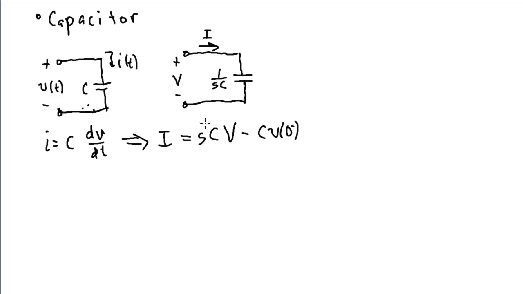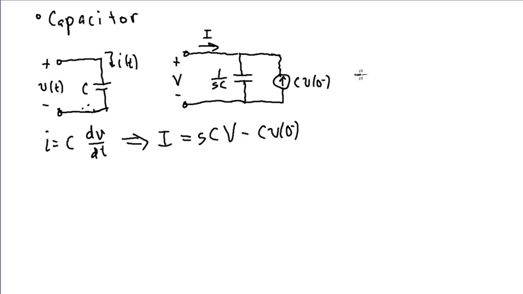That's one component of this current. And then we've got another fixed component of the current that doesn't depend on the voltage across the capacitor at all. It depends on the initial voltage across the capacitor. Notice the minus sign here, so we're going to have to add in a current source so that it subtracts from I. So we put it in this direction, and this current would be C V0 minus.